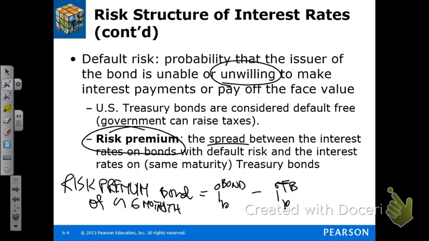Risk premium compares the riskiness of an asset to an asset which is considered to be riskless. So the higher interest rate you get on an asset compared to a riskless asset such as the treasury bill is a measurement of your risk premium.